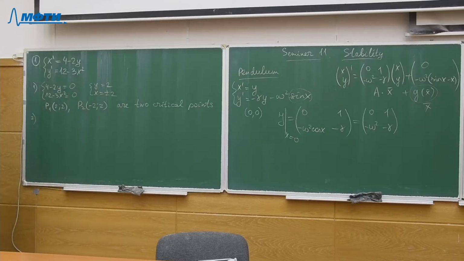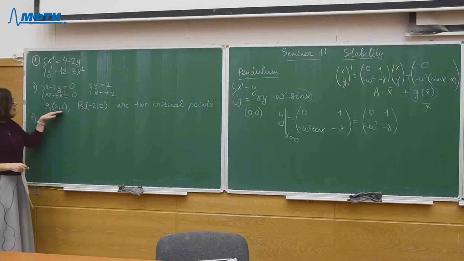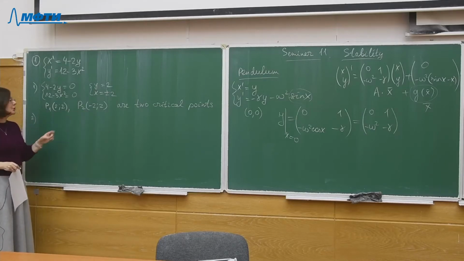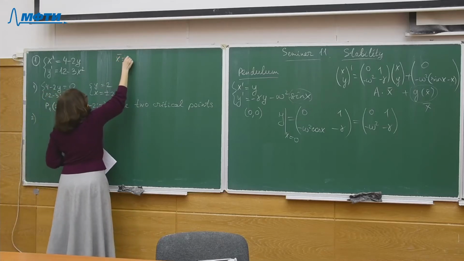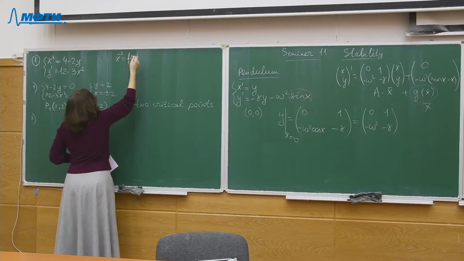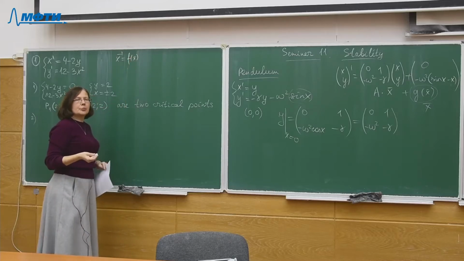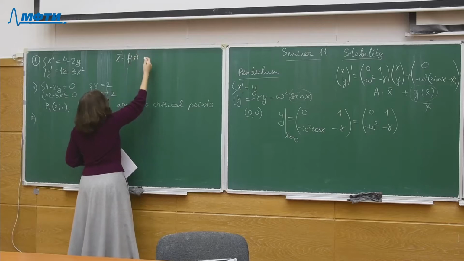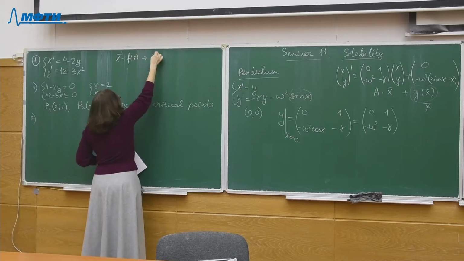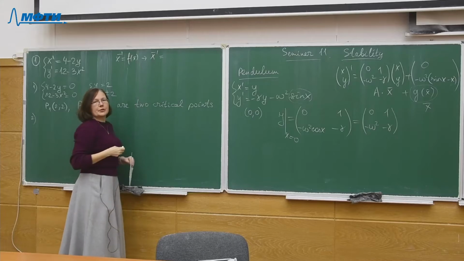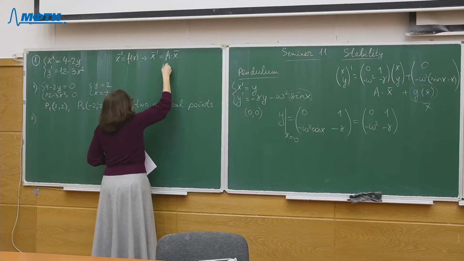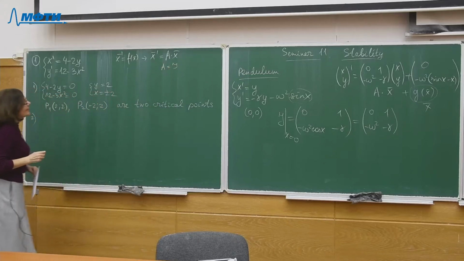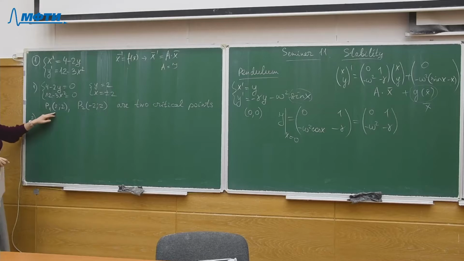Step number 2, we will try to linearize the system near each of these critical points. What shall we do? We know how to linearize the system near the origin. If the origin is a critical point, then we can replace f of x by multiplication by the Jacobian matrix, where A is the Jacobian matrix. But P1 is not the origin.